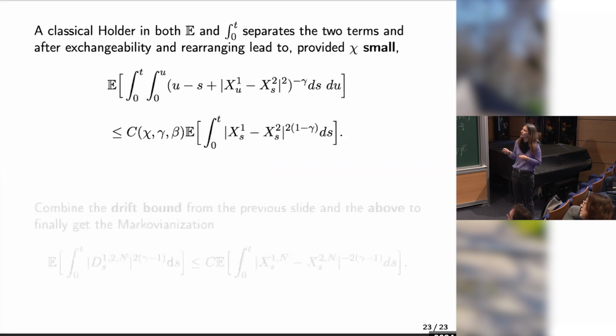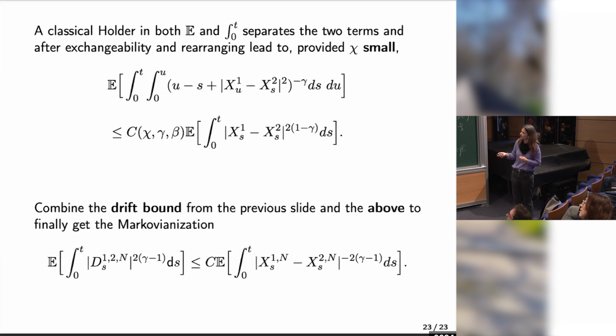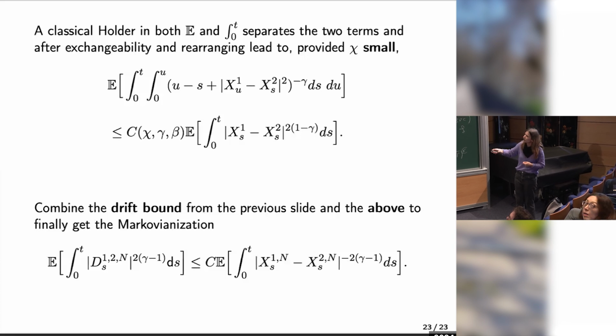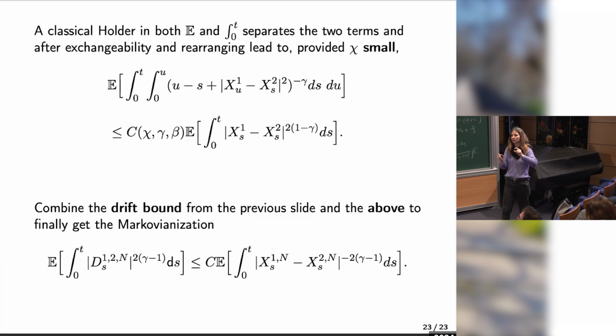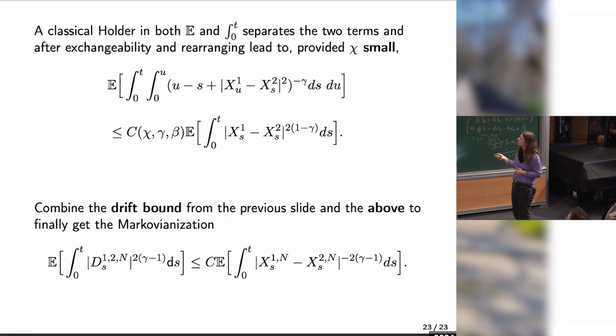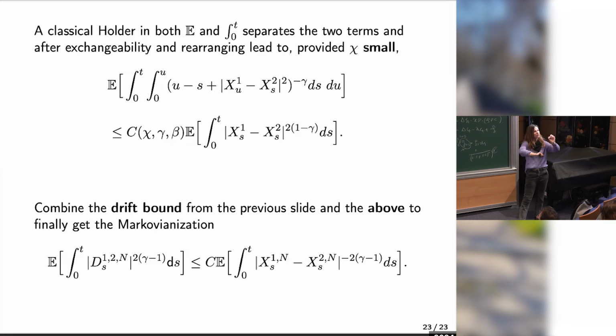Of course, you need to work a little bit more, but at the end you can really prove this. I'm skipping that, but once you manage to compare your terms, if you suppose that chi is small, then you can prove this directly. And the main ingredient was this functional inequality.